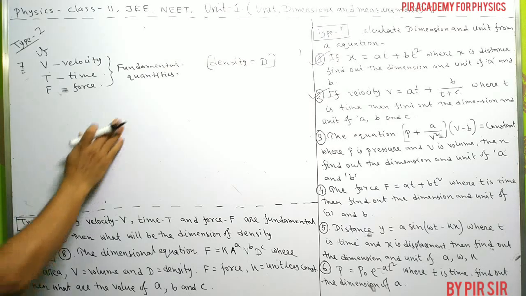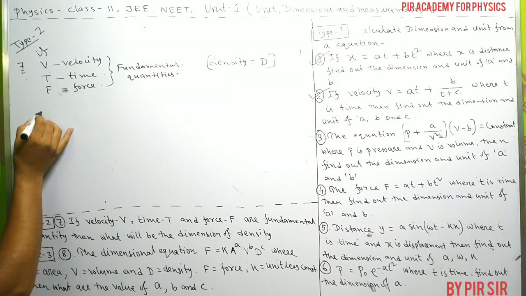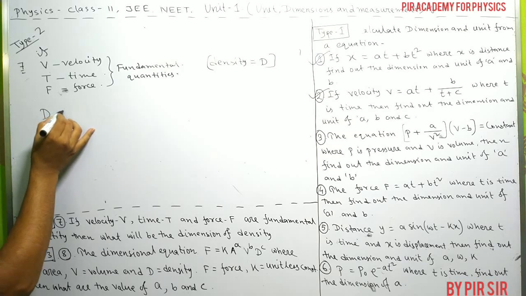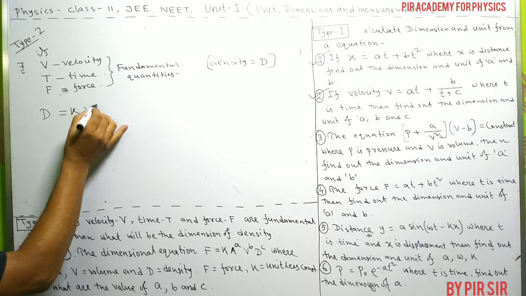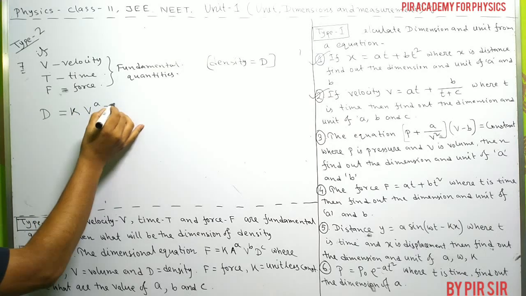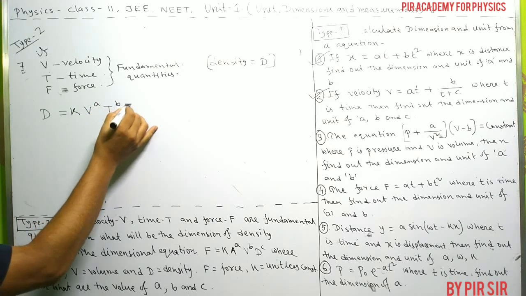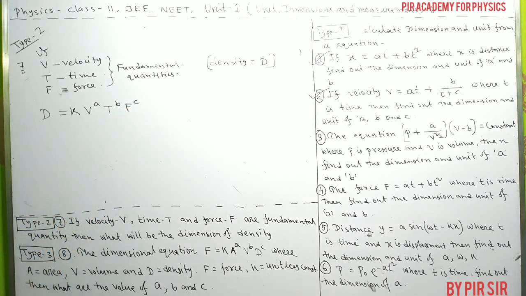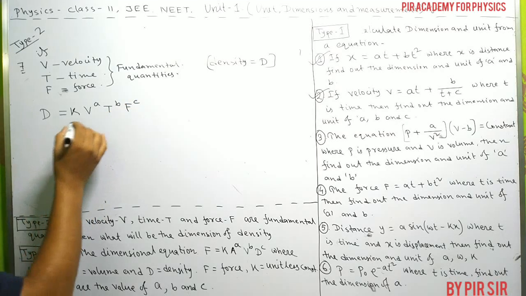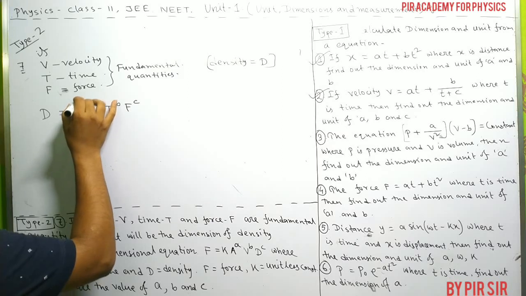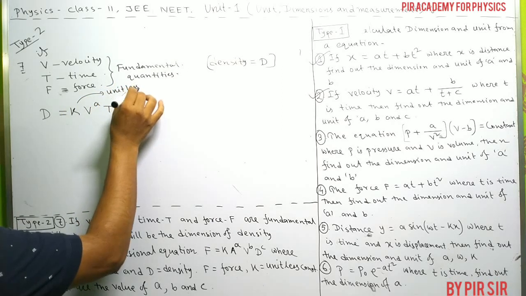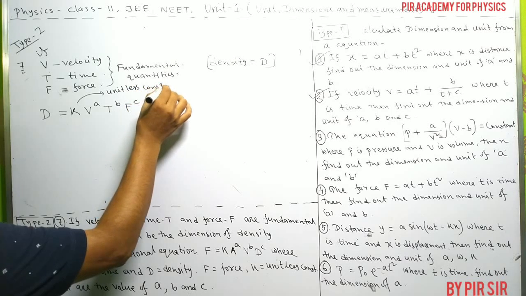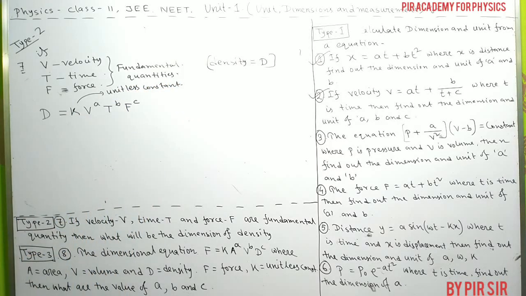So you say that D equals K V to the power A, T to the power B and F to the power C. Here K is a unitless constant and D is the density.